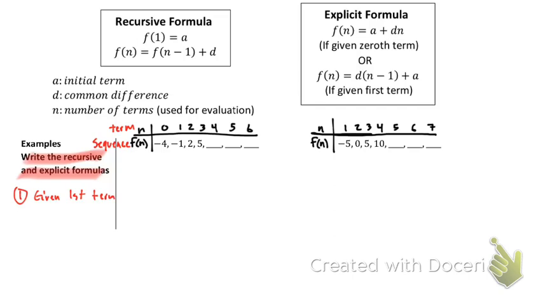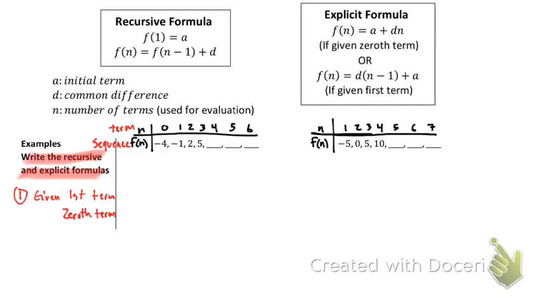Or am I given what we call the 0th term? In this first example, we are given the 0th term. All right, which means for explicit, we would be using this formula here, the 0th term formula. For recursive, it slightly changes, and the only thing that changes is this 1 turns into 0. So I'm going to show you how that works.